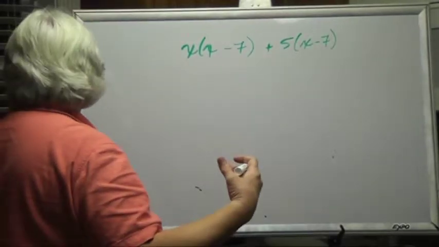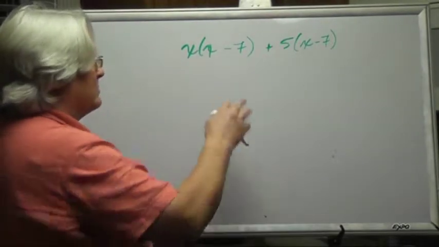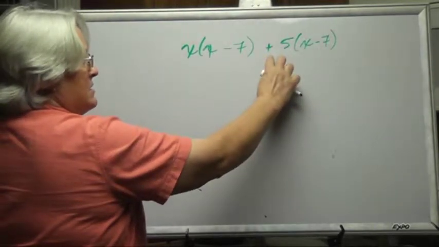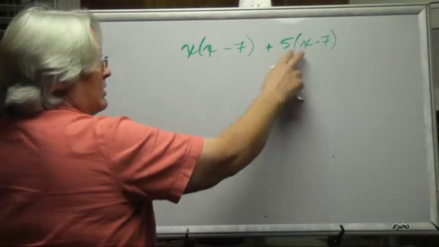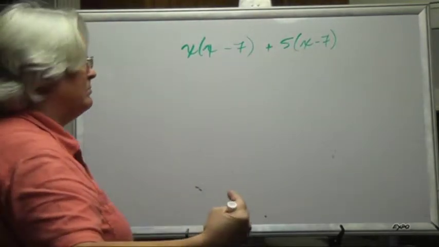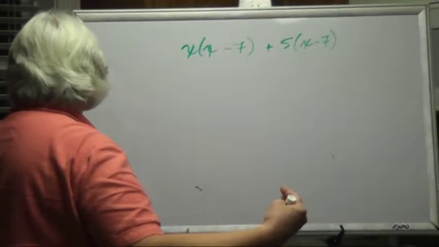That's not in factored form because the expression right here is the sum of two products. We've got a common factor, so we have to remove that common factor out.